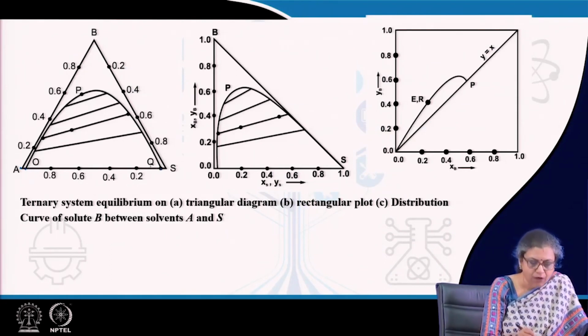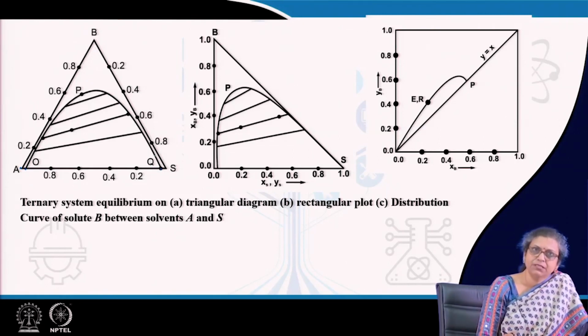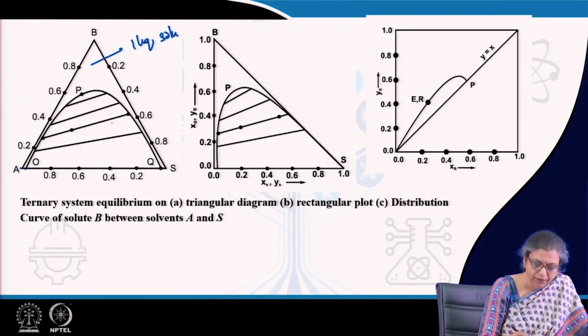Outside this range we have A, B and S miscible in all proportions, and therefore we have one liquid solution here and we have two liquid solutions here.